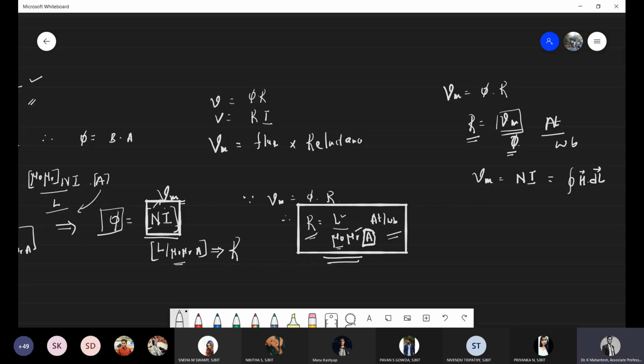Is this okay? So I obtained the reluctance equation. So for the reluctance, try not to write a capital R. Rather, you could write it as an italics R. Something like this.